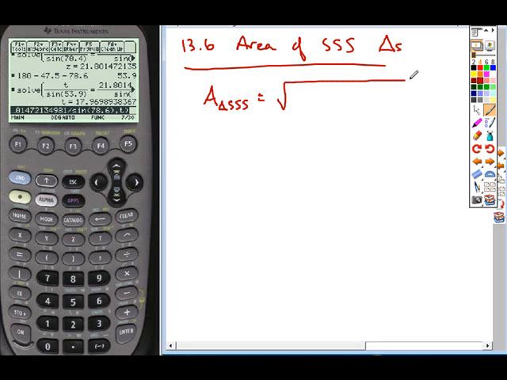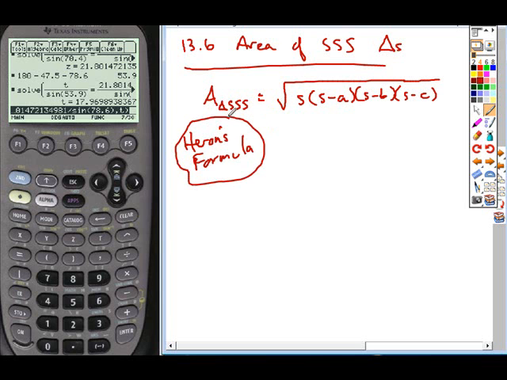When you're looking at this formula, the equation is the following: the square root of S times S minus A times S minus B times S minus C. Again, this is called Heron's formula. S represents the semi-perimeter.